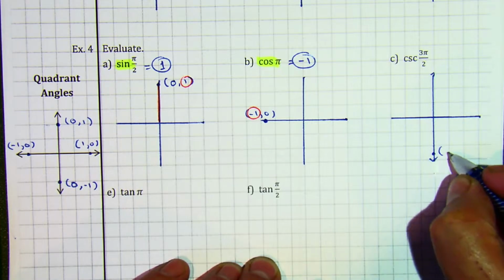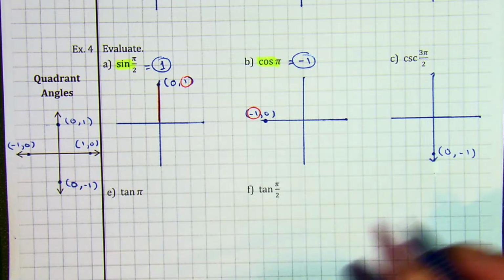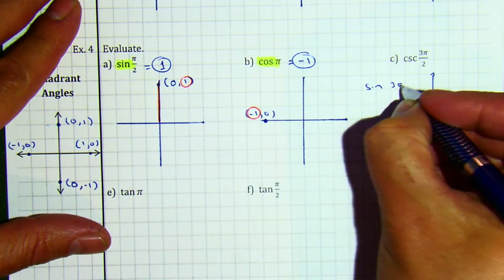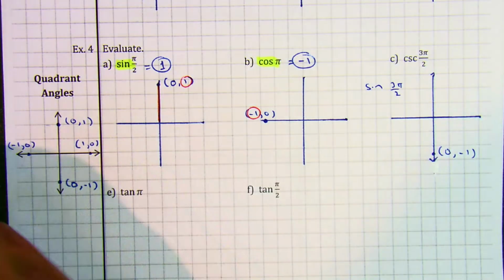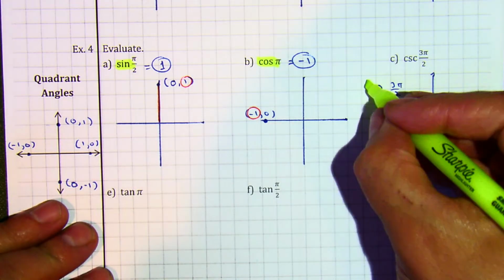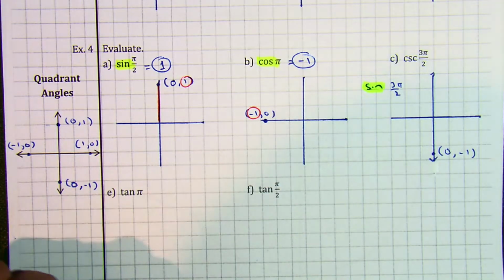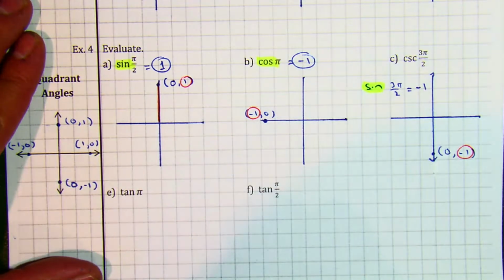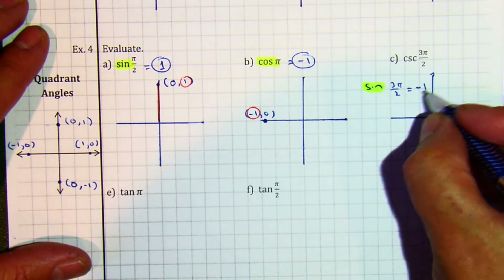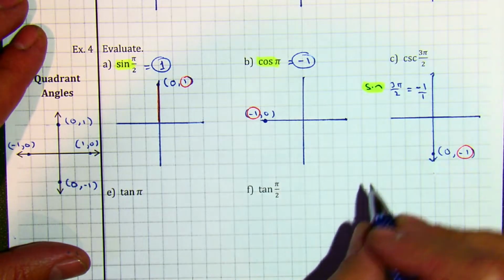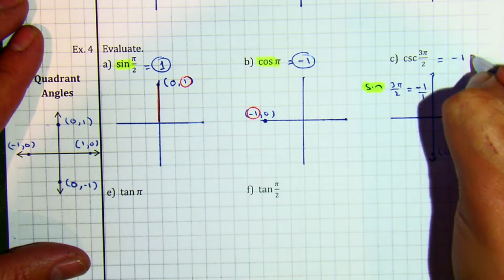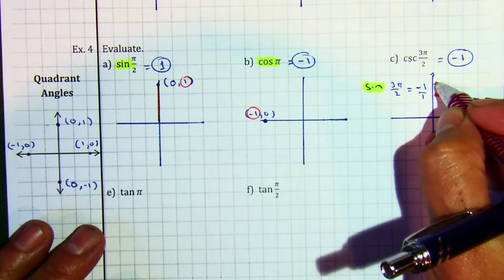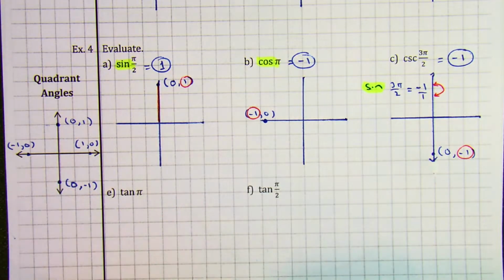The location of this point is 0, negative 1. The sine of 3 pi over 2, sine is my y value. So therefore, the y value is negative 1. I need to find the reciprocal of negative 1. Well, this is negative 1 over 1. The reciprocal is also negative 1. Correct? It's 1 over negative 1, which is negative 1.